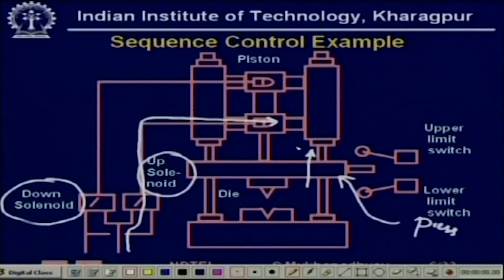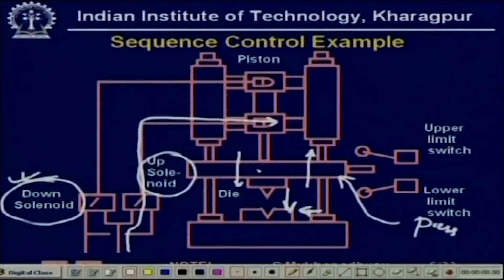Similarly, if the down solenoid is energized, then this press goes down, and this is your metal sheet. It comes down and stamps on it. So, it keeps stamping, retracting, and creating a particular shape of sheet metal. These things are typically used in making, let us say, car bodies. So, it is a hydraulic stamp press.